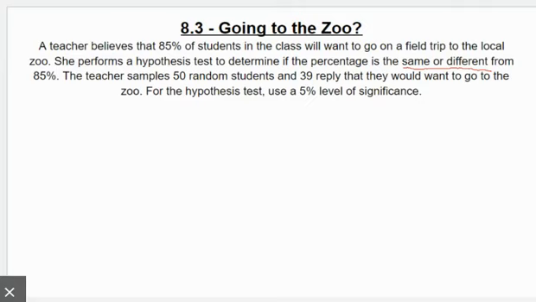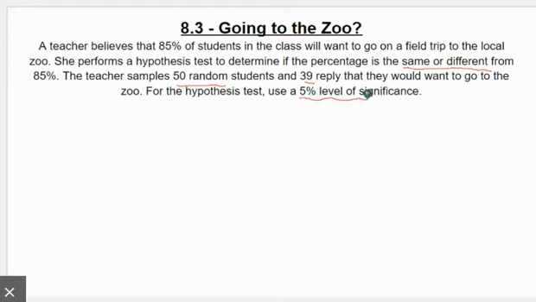Underline same or different. The teacher samples 50 random students and 39 reply that they would want to go to the zoo. For the hypothesis test, use a 5% level of significance.